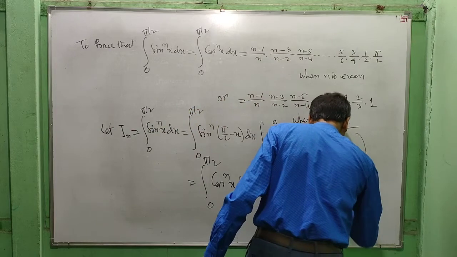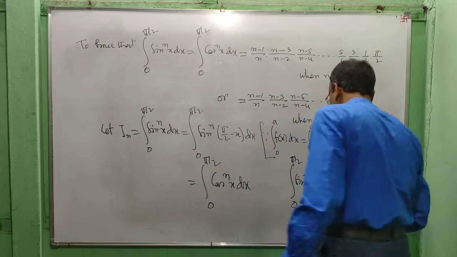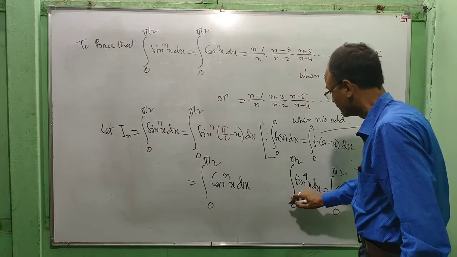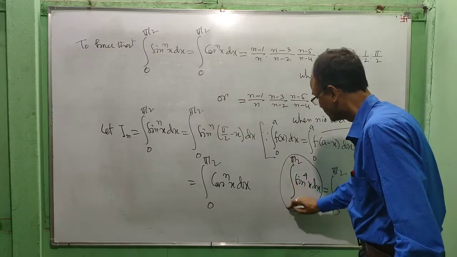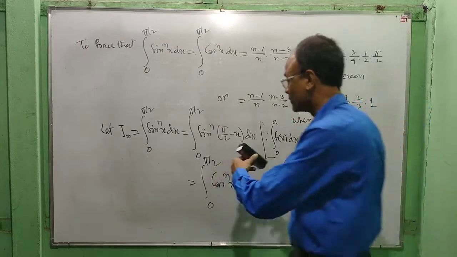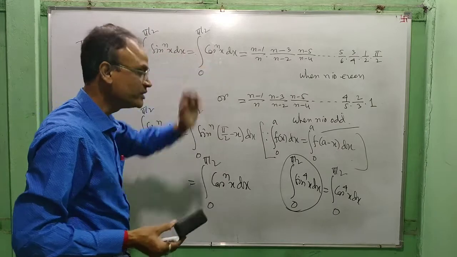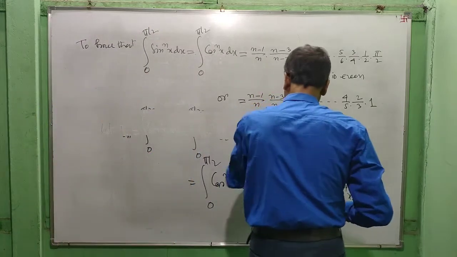This is equal to integration 0 to pi by 2 cos to the power 4 x dx. The same formula will be applied here, because we have proved that 0 to pi by 2 sin to the power n x equal to this one.